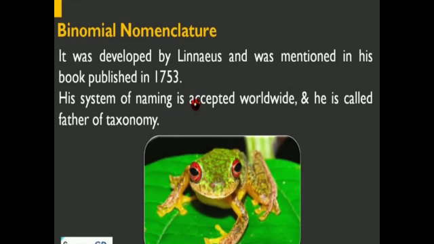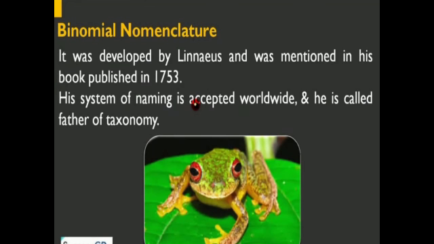Binomial nomenclature was developed by Linnaeus and was mentioned in his book published in 1753. The system of scientific naming we use today was introduced by Carolus Linnaeus, a scientist of the 18th century.